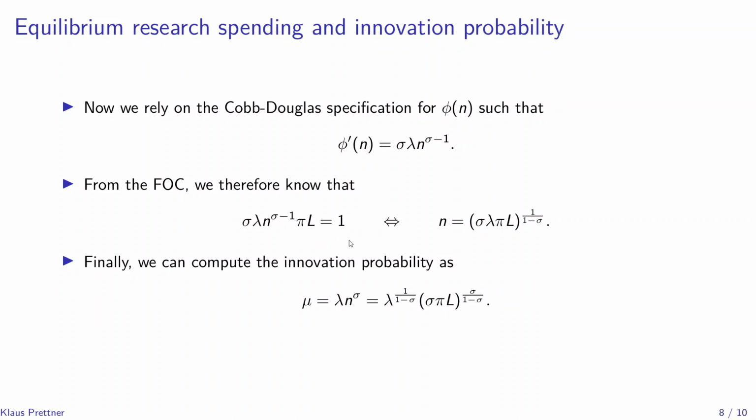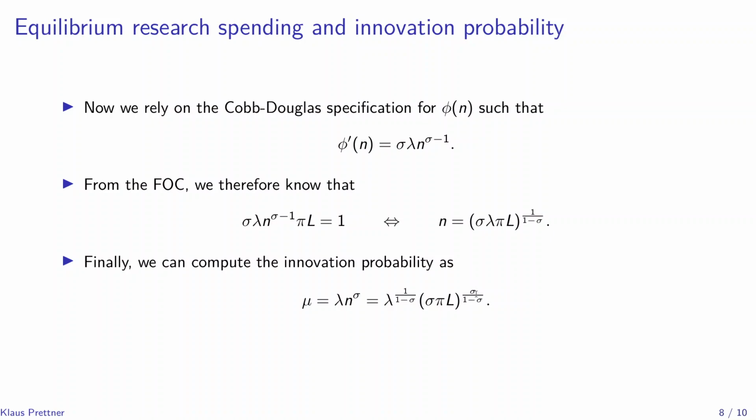And then we can solve the result for n, so for optimal research spending normalized by the level of technology. And that would then be equal to sigma times lambda pi L to the power of 1 over 1 minus sigma. And then we can finally use this n, which is the optimal n that an innovator chooses, by plugging it into the innovation probability function phi n again, and computing the research productivity, which turns out to be lambda to the power of 1 over 1 minus sigma from here, and then sigma pi L, which is raised again to the power of sigma.